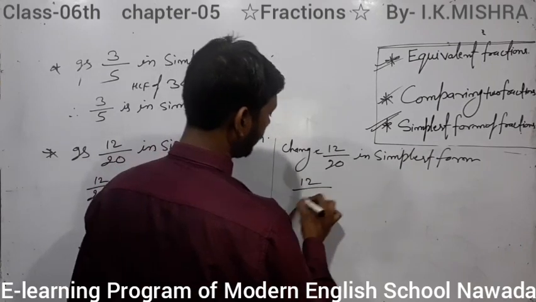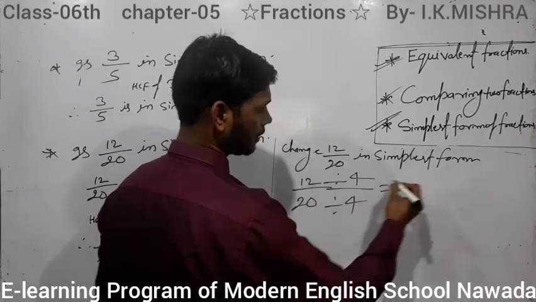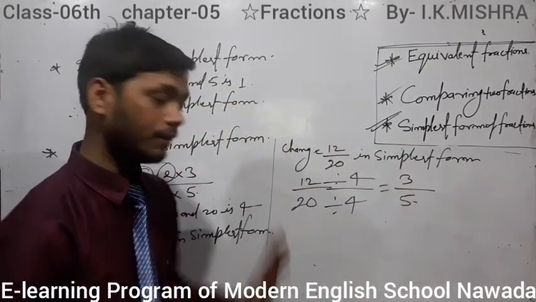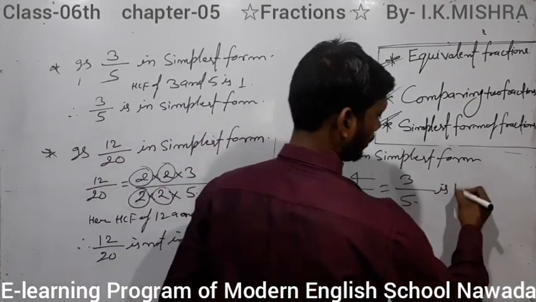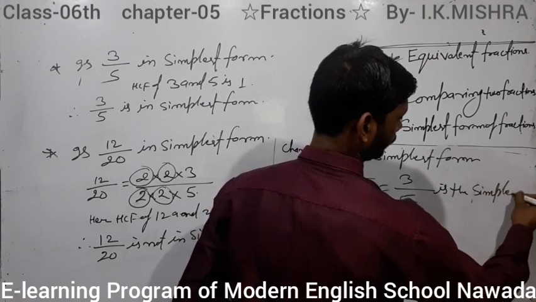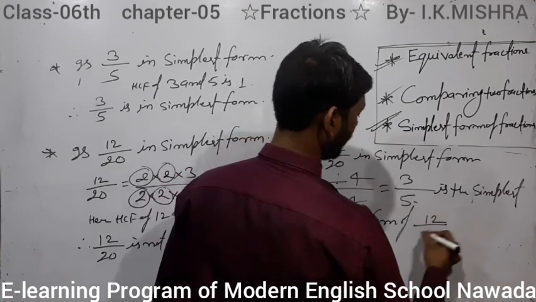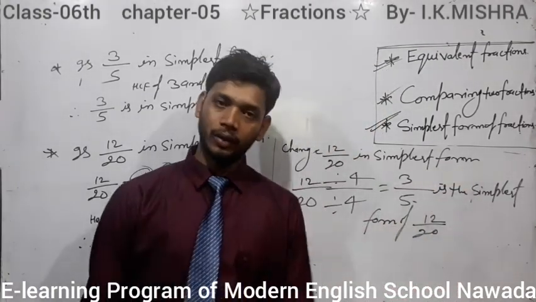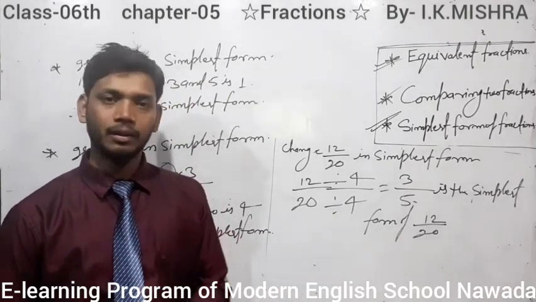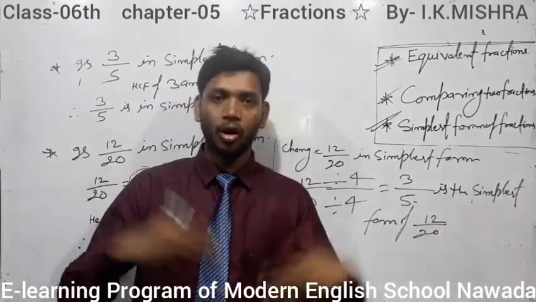Here 12 by 20 is divided by 4, that means 3 by 5. Students, here 3 by 5 is the simplest form of 12 by 20. Students, I think you can easily change any fraction into simplest form. You can check whether a fraction is in simplest form or not.